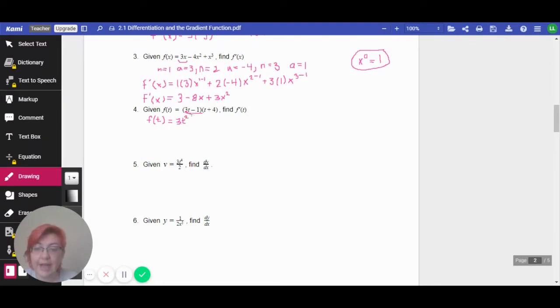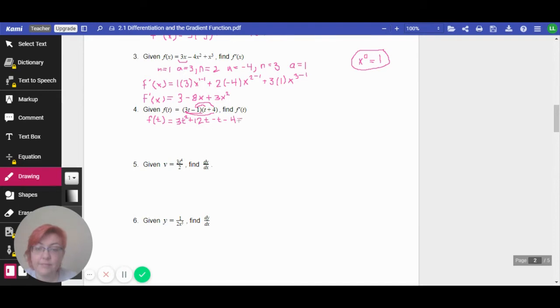And then I have outer 3t times 4 is plus 12t. And then I have my inner, negative 1 times t is negative 1t, or just negative t. And then last, negative 1 times 4 is negative 4.